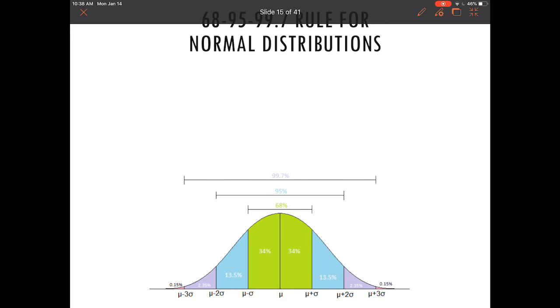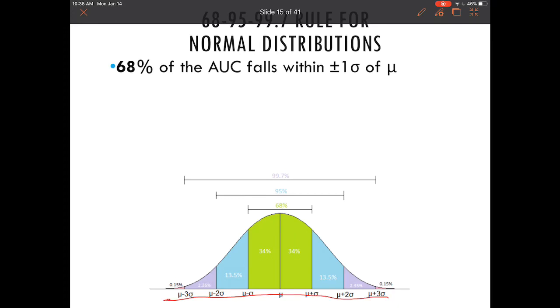So we left off talking about the 68, 95, 99.7 rule, and remember as we go through a normal distribution, shown in this graph here, 68% of the area under the curve will fall within 1 standard deviation unit of the mean.